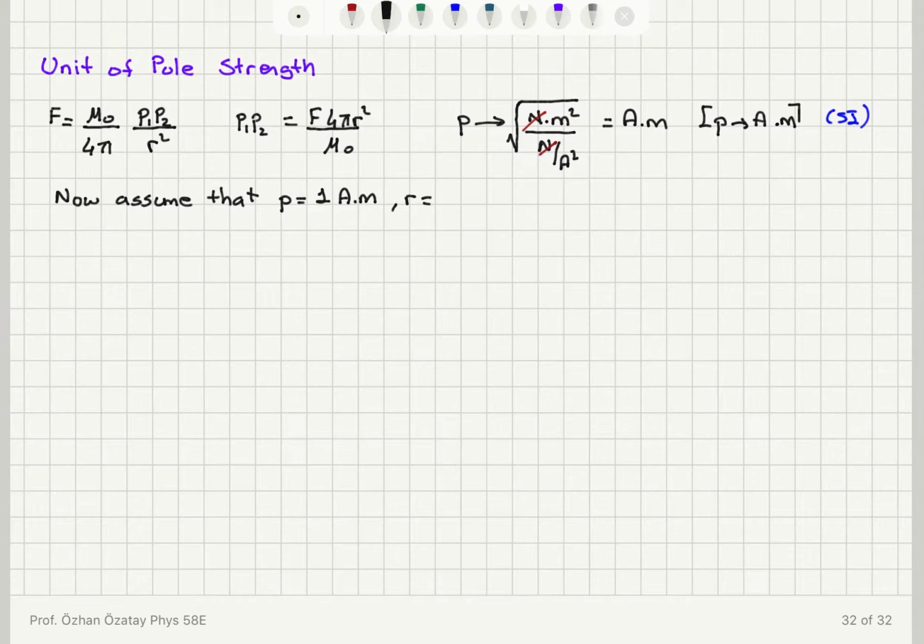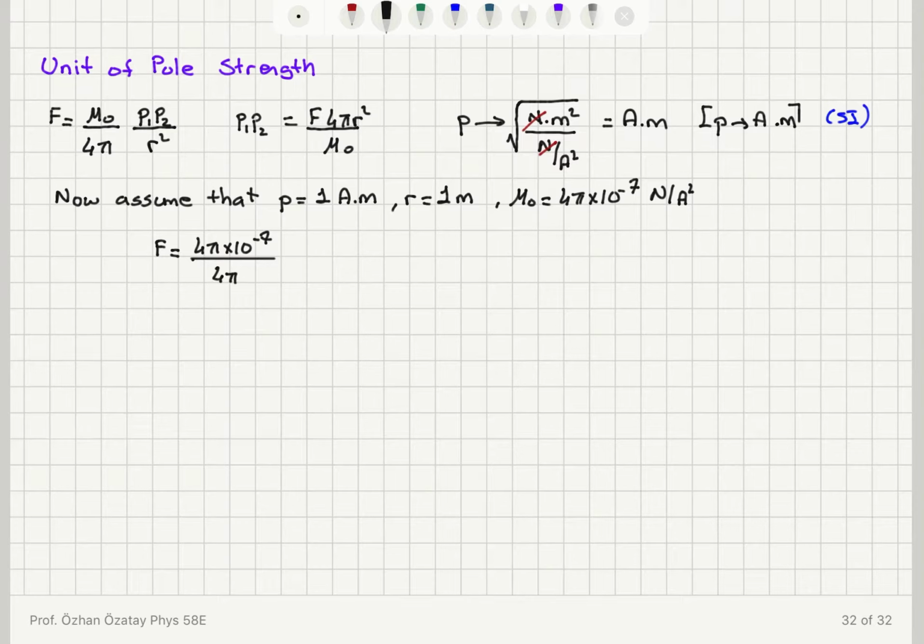The distance between the poles is 1 meter, and we have the mu0 value, which is 4 pi 10 to minus 7 newtons divided by ampere squared. So if you calculate the force between these two poles now, you will get 4 pi 10 to minus 7 Newton divided by ampere squared divided by 4 pi.